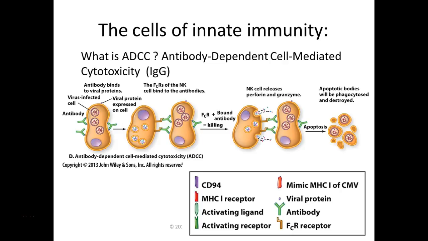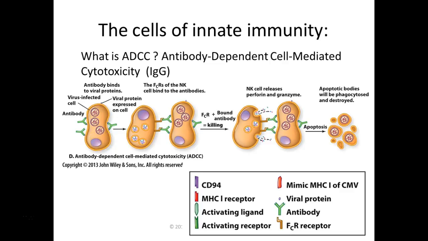So this isn't presenting by MHC class 1. This is actually putting its proteins in our membranes. Well, if we've seen this virus before, or if during this attack we've produced antibodies, the antibodies themselves will bind to that cell.